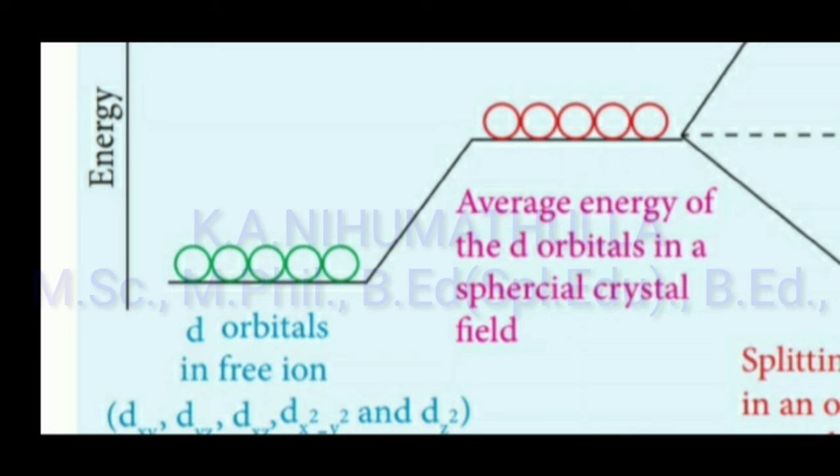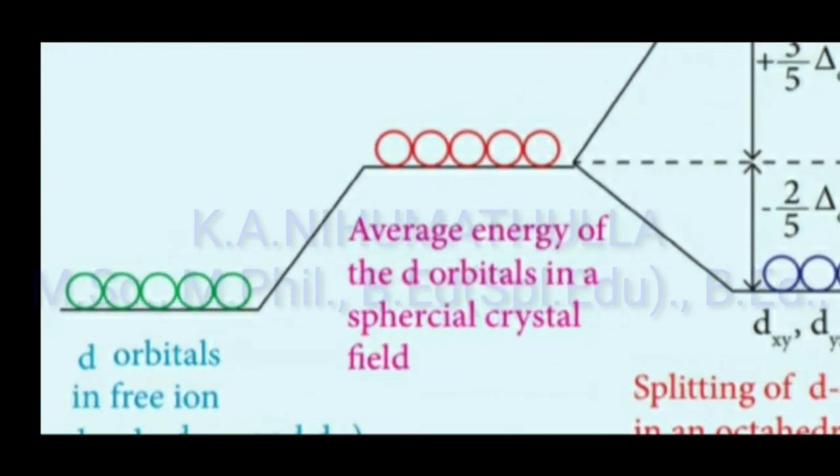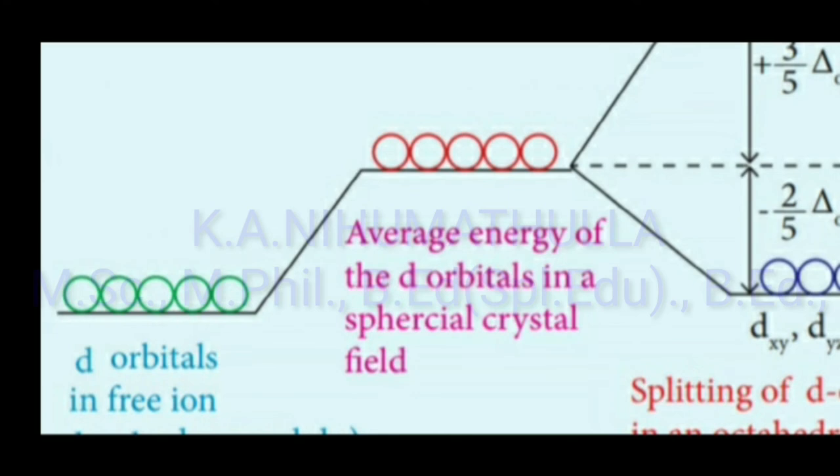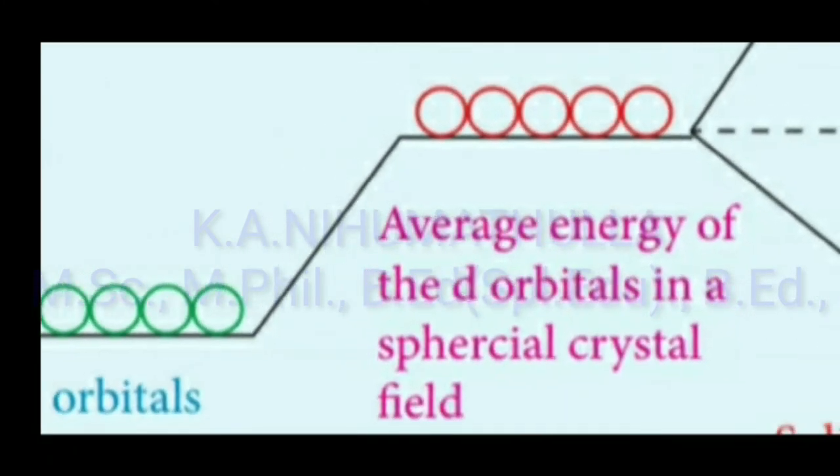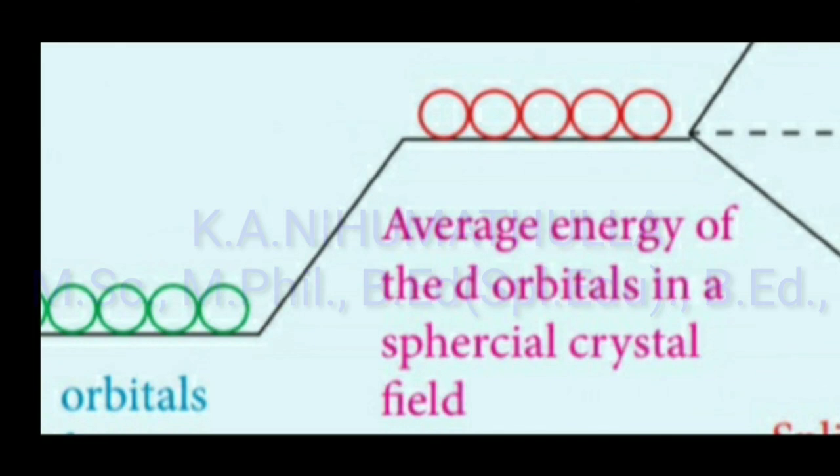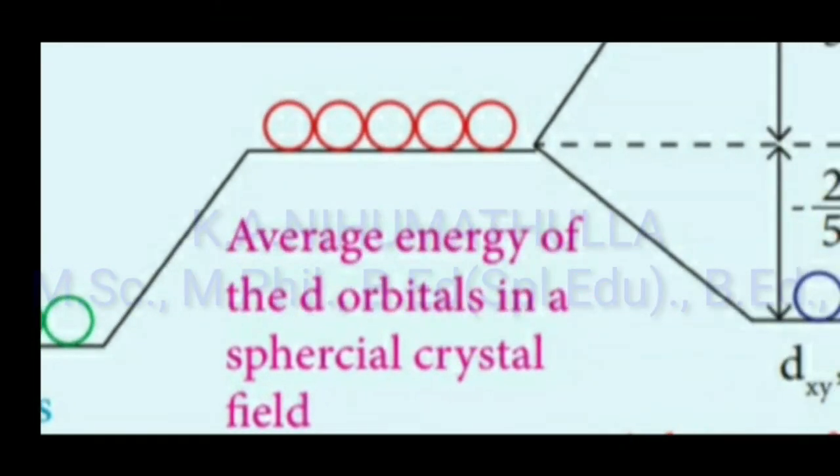Due to the repulsion, the energy of the orbital slightly increases. That is indicated by this line. Now the red circle is the average energy of the d orbitals in this spherical crystal field.